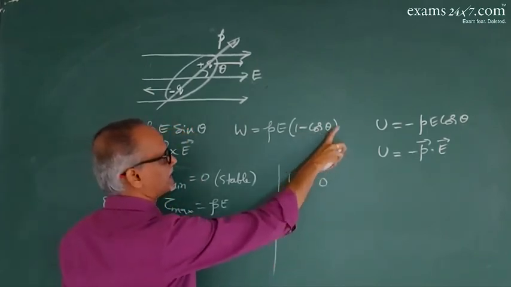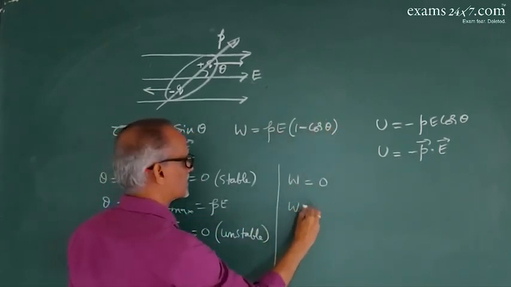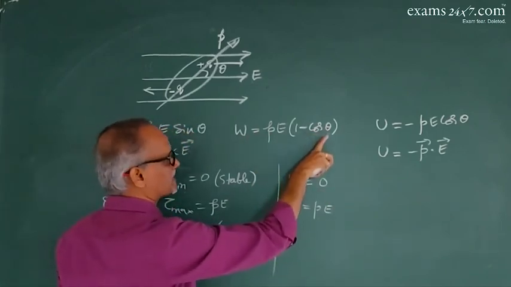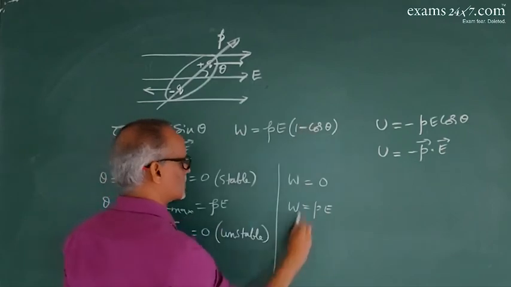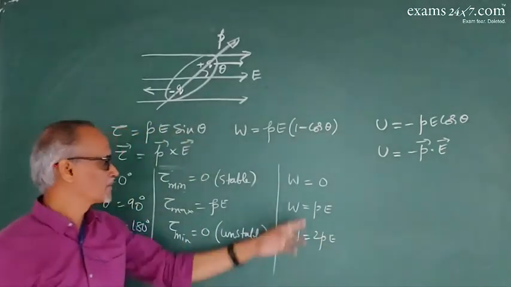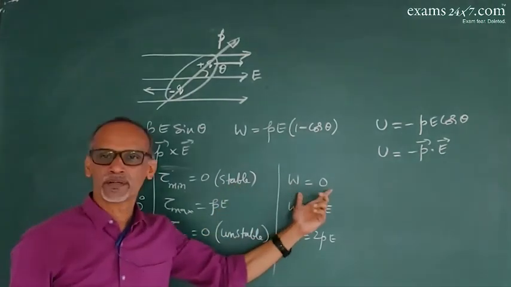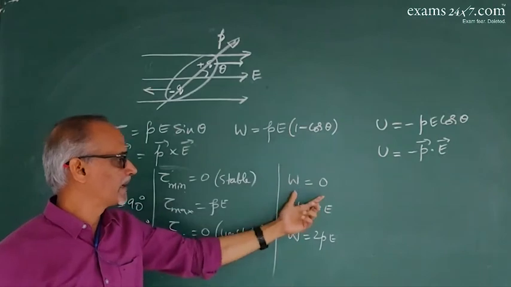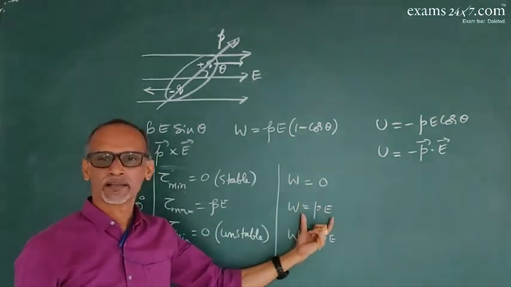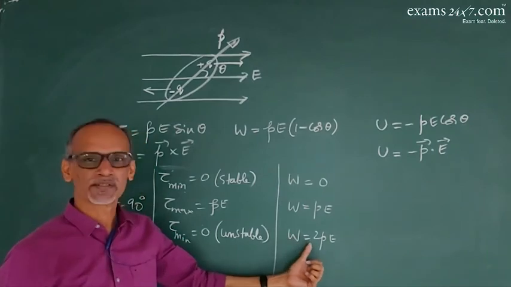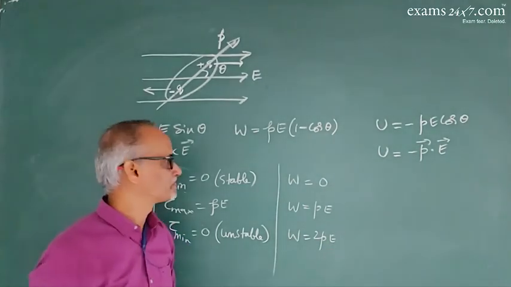When θ is 90, cos 90 is 0, so W = PE. When θ is 180, cos 180 is -1, 1 minus of minus 1 is 2, so W = 2PE. So that means when it's in the stable equilibrium position, we don't have to do any work. To rotate through an angle of 90 degrees, the work to be done is PE, and we have to do maximum work, W = 2PE, at 180 degrees.